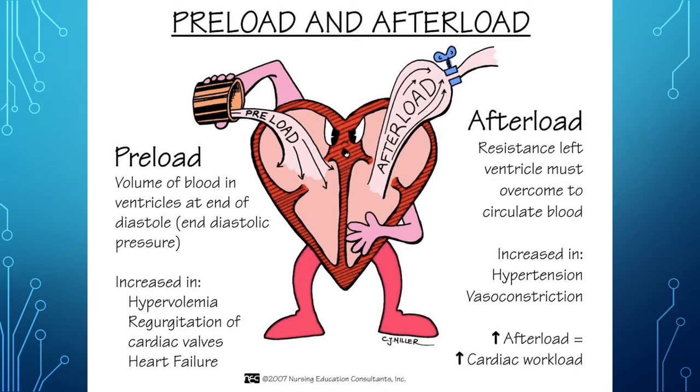On the other side of the heart, because preload is usually about the right side of the heart, we're talking about afterload, we're talking about resistance. So usually when we're talking about afterload, we're talking about resistance that the heart has to overcome to pump blood forward. And so most of the time when we talk about resistance, we're talking about systemic vascular resistance.